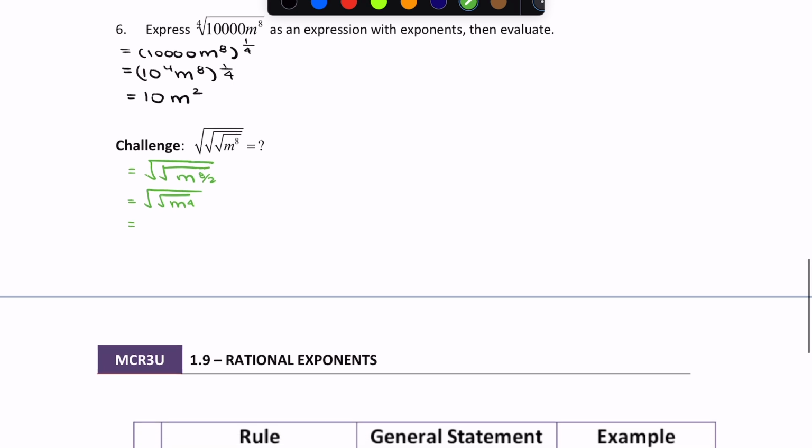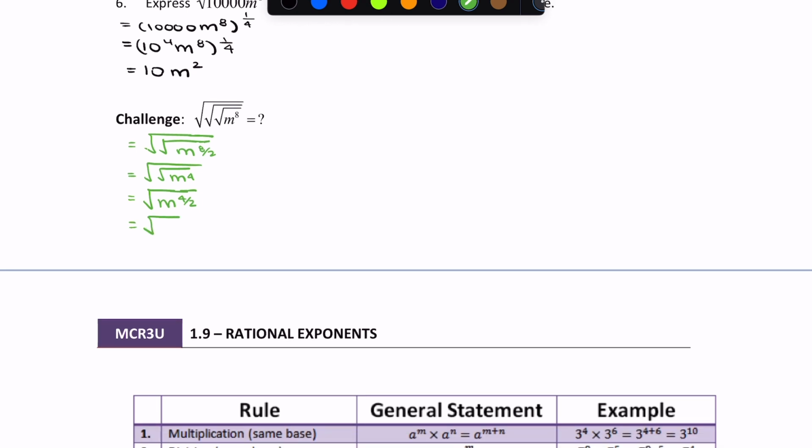And we can rewrite that again as the square root of m to the power of 4 over 2, which is equal to the square root of m to the power of 2, which will give us just m by itself.